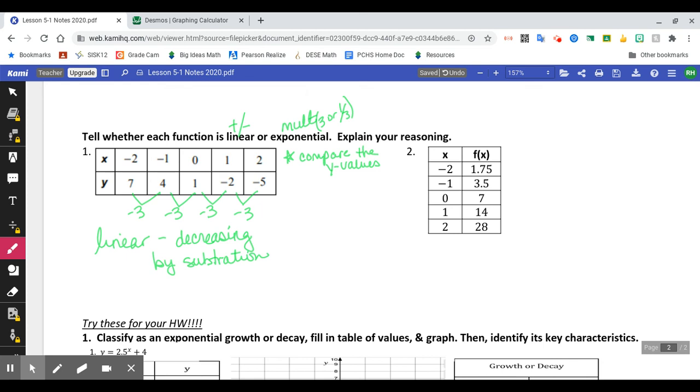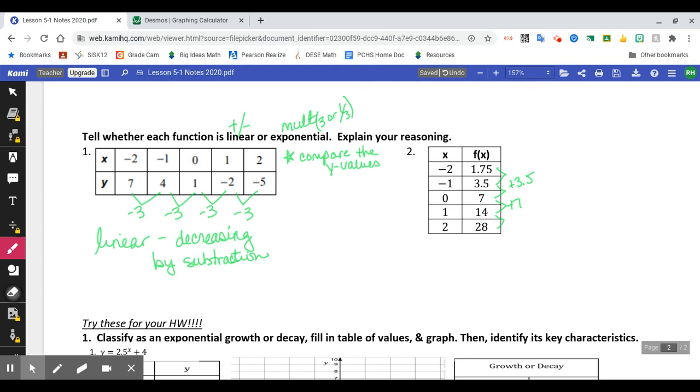All right, last one. This one would be here to here, here to here, here to here, here to here. So if you look, I could add here to get to this, but if I'm not adding the exact same thing again here, then that won't work. So for instance, 3.5 to 7 would be adding 3.5, right? But then 7 to 14 would be adding 7.